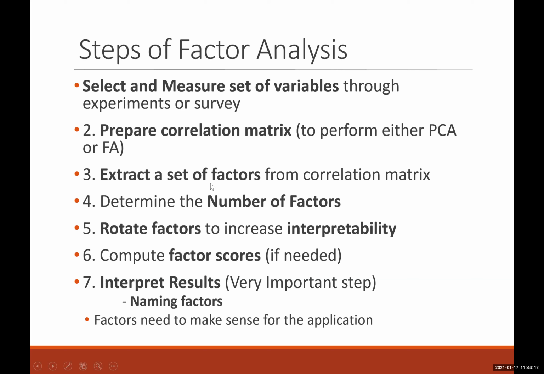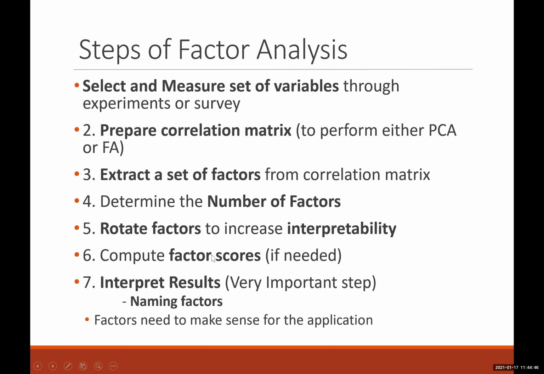You're going to extract the set of factors using the scree plot, the knee of the scree plot, or the eigenvalues greater than 1, or possibly the cumulative proportional variance, but typically through the knee of the scree plot and the eigenvalues greater than 1. Once you've determined the number of factors, you're then going to rotate those factors and try to interpret them. That's where you're going to name the factors, talk about the intercorrelations. So steps 5 and 7 sort of go together there.